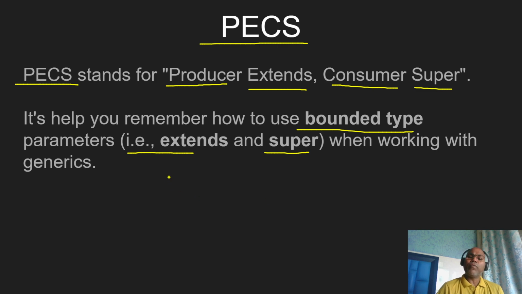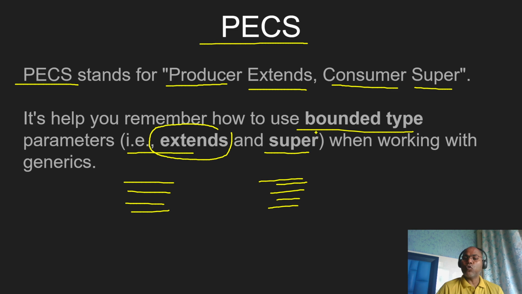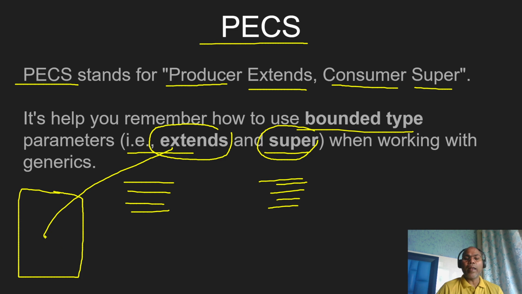Sometimes developers are confused about where to use extend and where to use super for the bounded types. The reason is that developers have already learned these extend and super keywords in inheritance. In Java inheritance, we have learned the keywords extend and super.